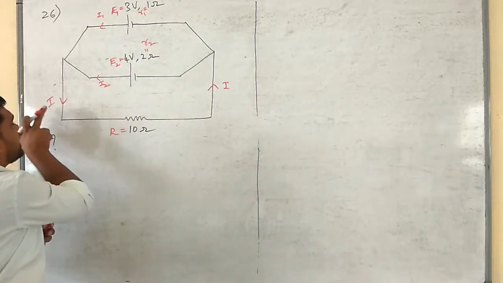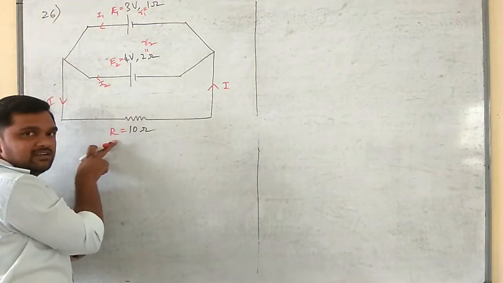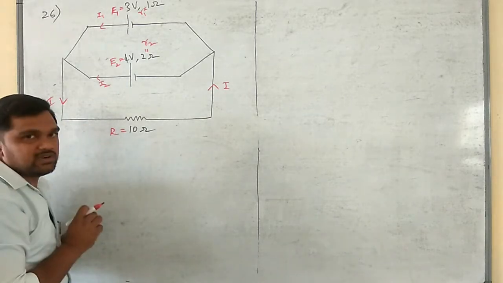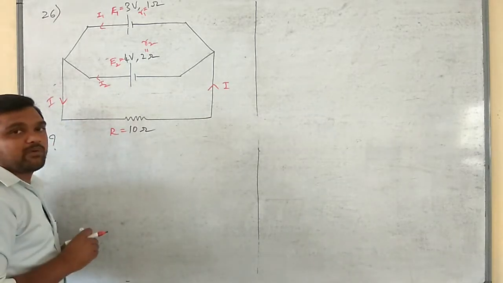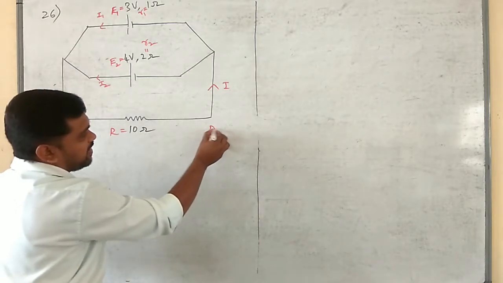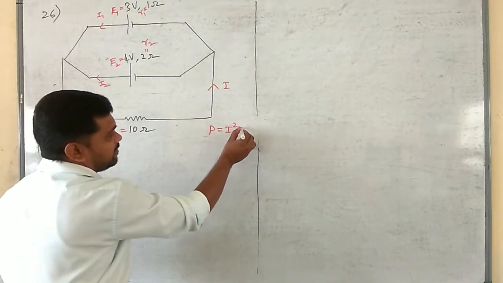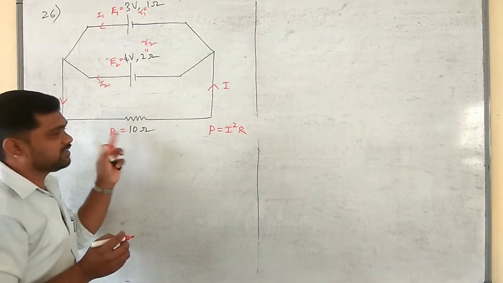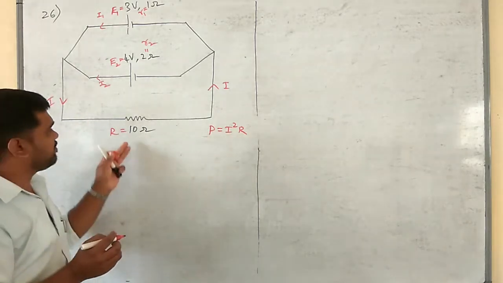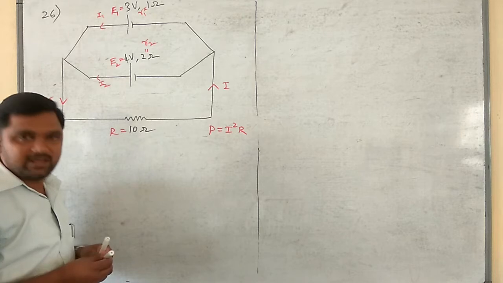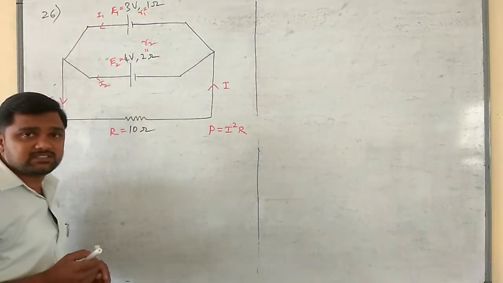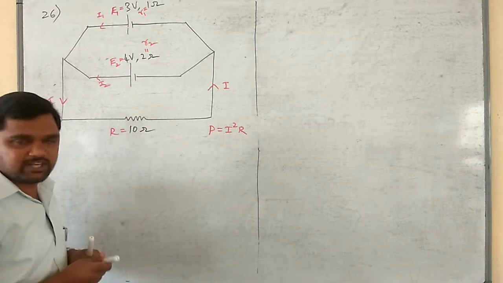If we multiply this I with this R, then we get I into R, voltage. How to find out the power? For power we have this formula I square R. If we square this current and multiply it with 10, we get the power dissipated in the 10 ohm resistor. Very, very simple. See, what type of combination is this? It's a parallel combination.